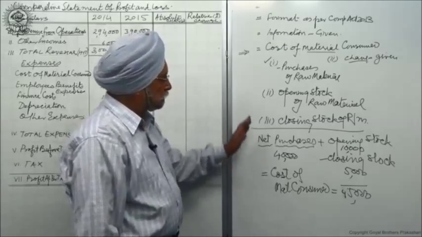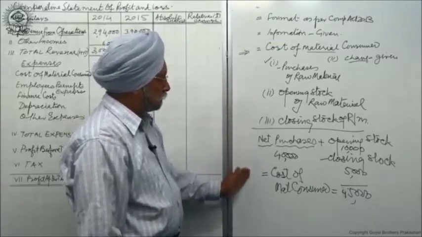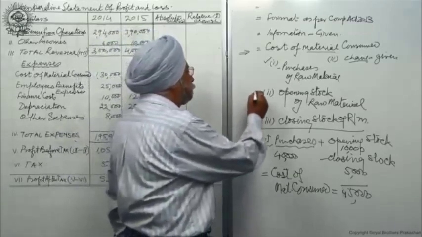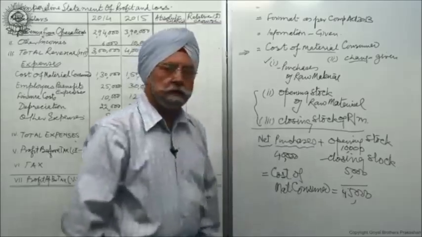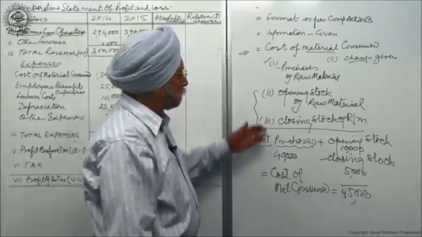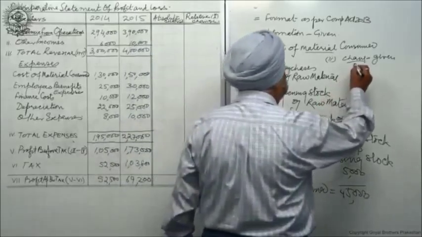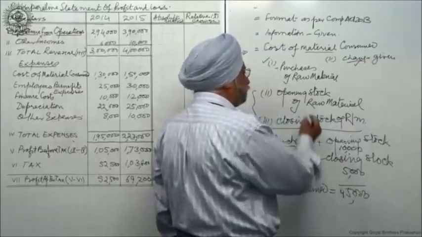So this is one way of calculating. In some cases, examiners do not give the opening stock or closing stock. They only give the change in stock.